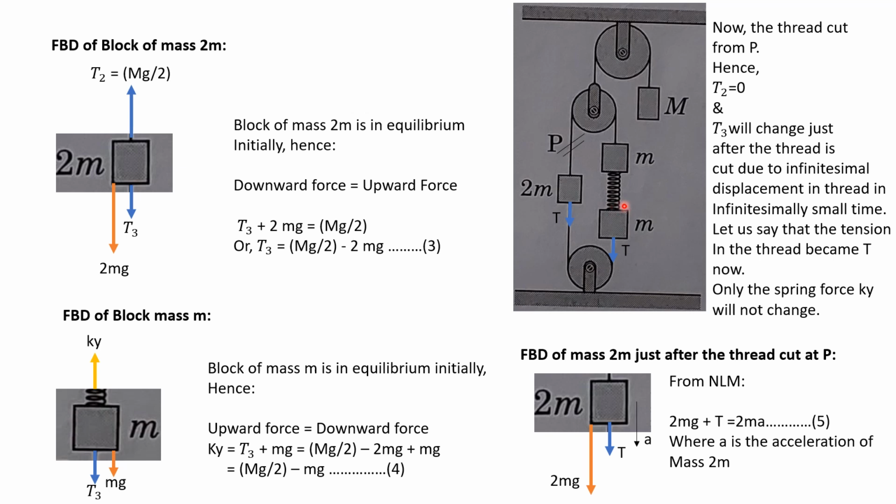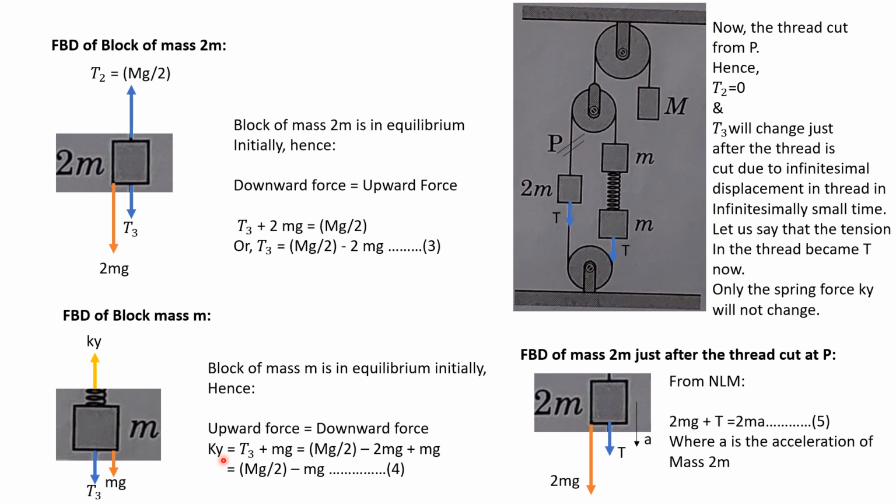Okay. So what is happening? Your ky is remaining the same. Your T3 has come down. The value of T3 has gone down just after cutting the thread at P. So T plus mg will be lesser than ky, right?